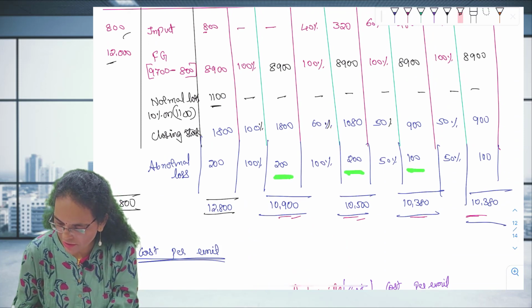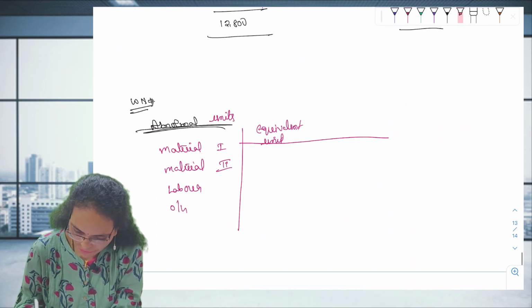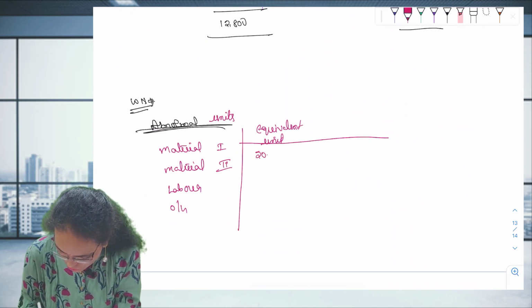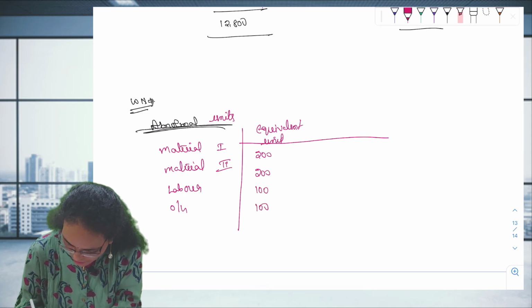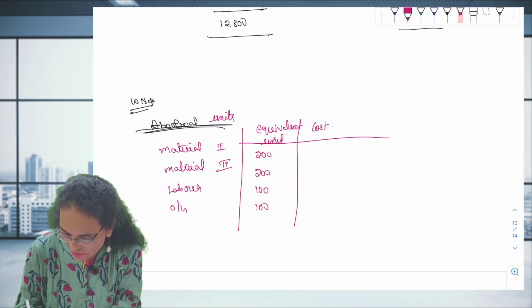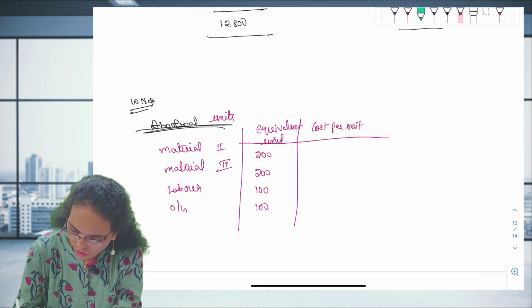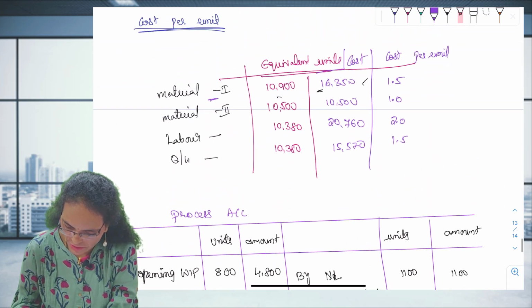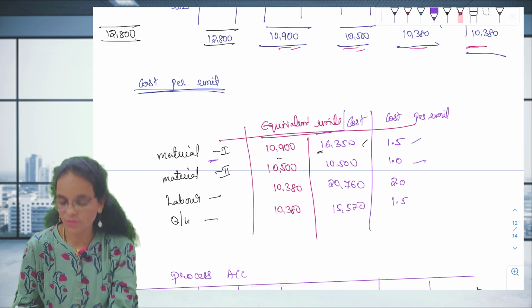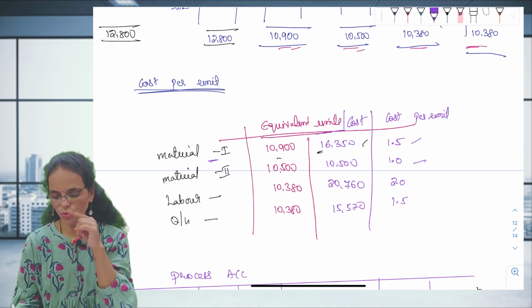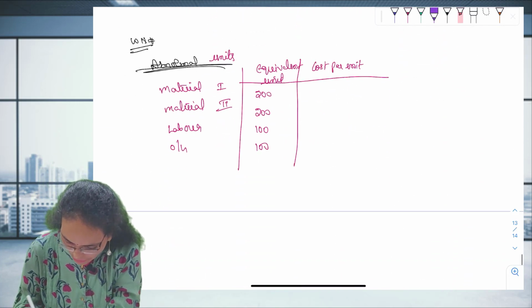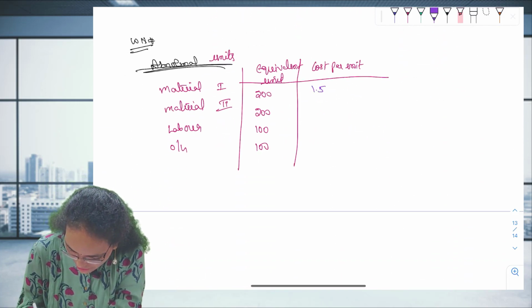200, 200, 100, 100. What is the cost per unit? 1.5, 1, 1.5, 1.5.